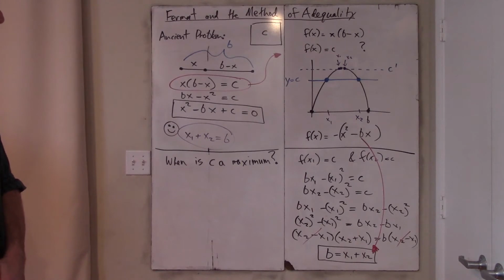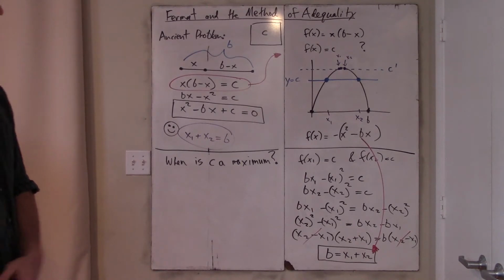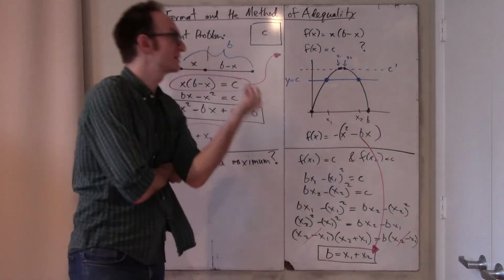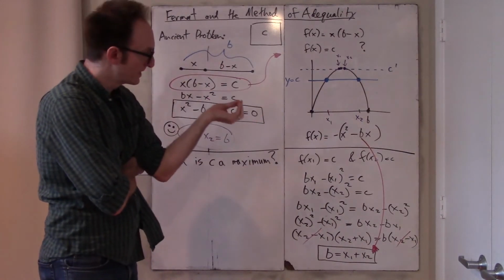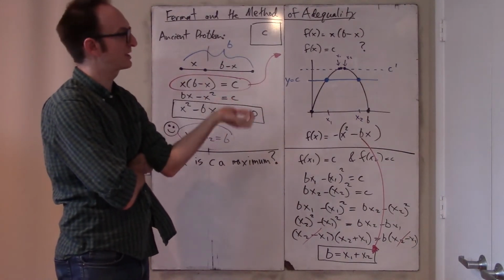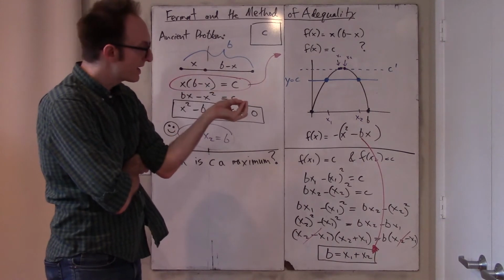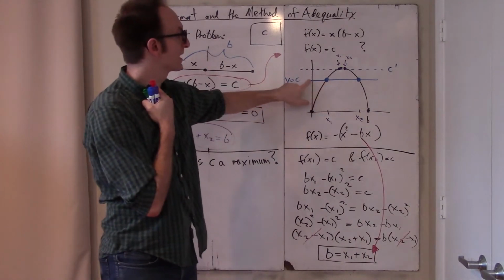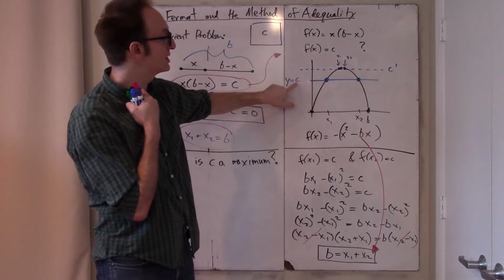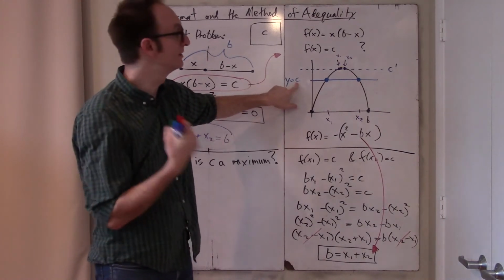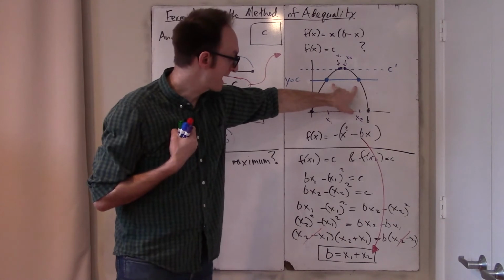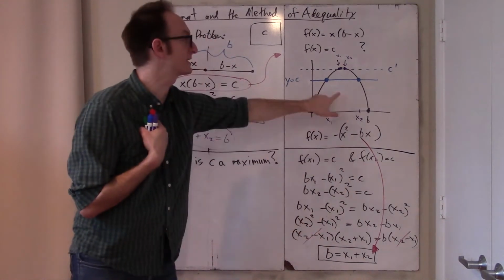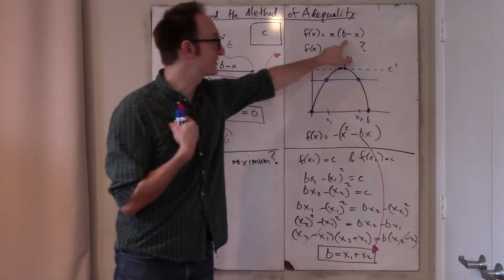Okay, so says Fermat now, look, this is just a fact about this particular function. A fact about this particular function is that when I'm solving for the places where this function equals C, for any C, I always get two roots, and when you add those two roots together, you get this number b.